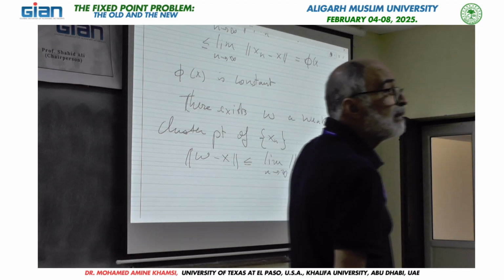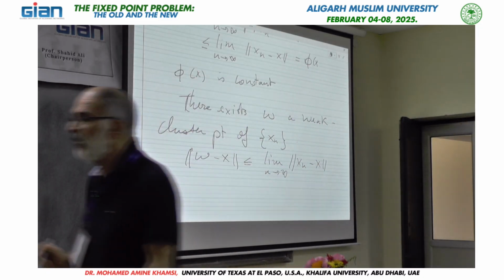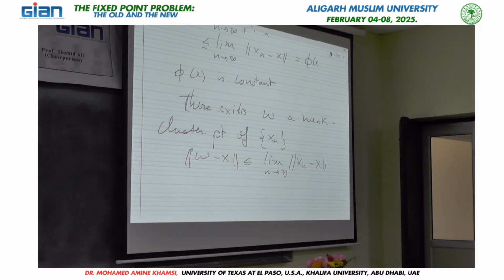So now, for every x, this is phi of x, and phi of x is constant. So this is your phi value. But what is the supremum of the norm of omega minus x for x in C? That's the radius.